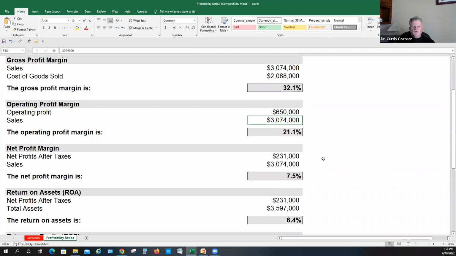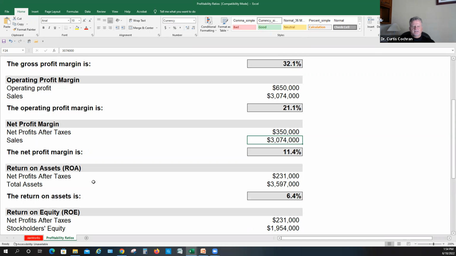Net profit margin, net profit after tax, 231. So that's at about 7.5%. And again, I think that this was like 350, something like that. So 11%. The idea is that you want a healthy company. You want to be able to look at this at least quarterly.